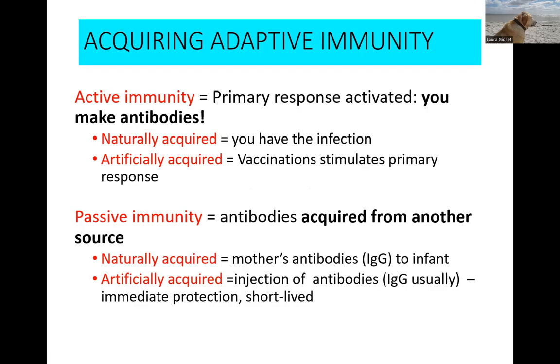So the messenger RNA circumvents that requirement and just gives your cells essentially the recipe to make the antibodies without ever having that live or dead virus enter your body. So I think that's way, way, way cool.